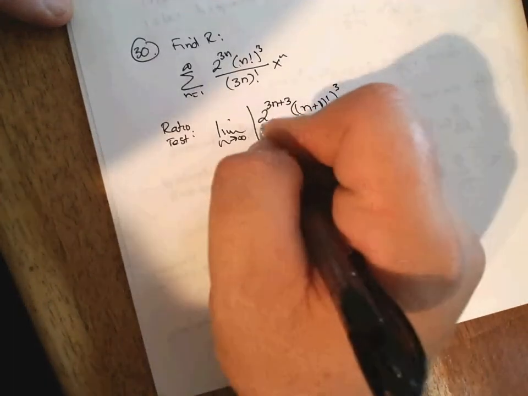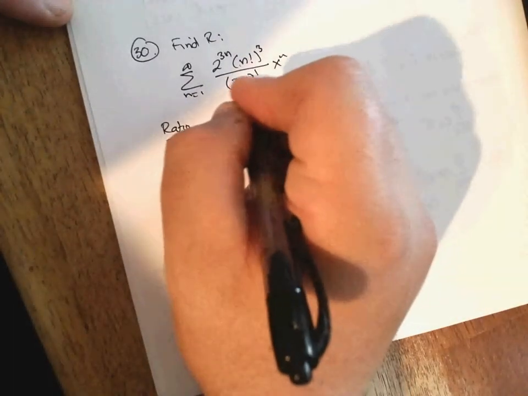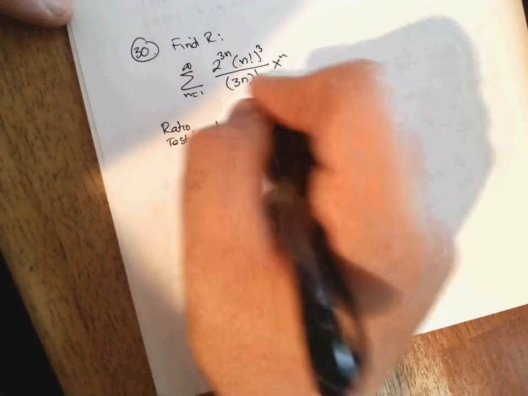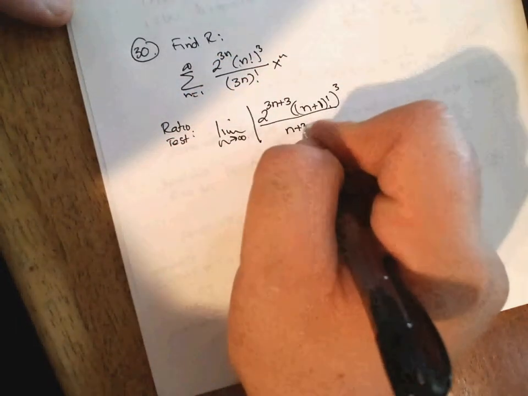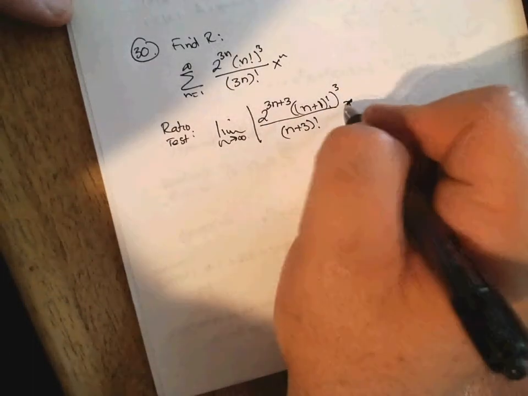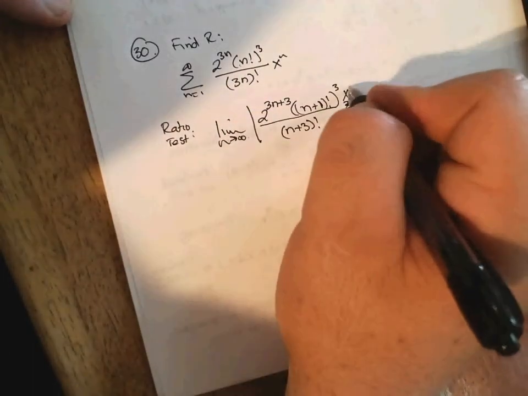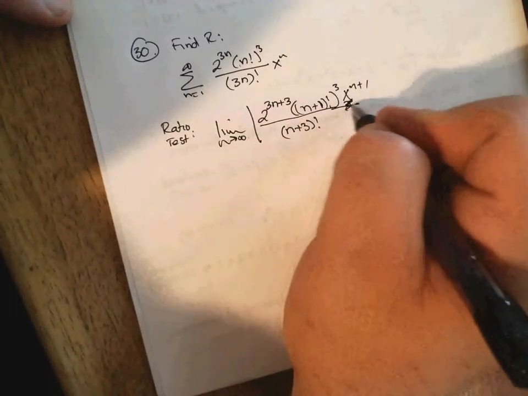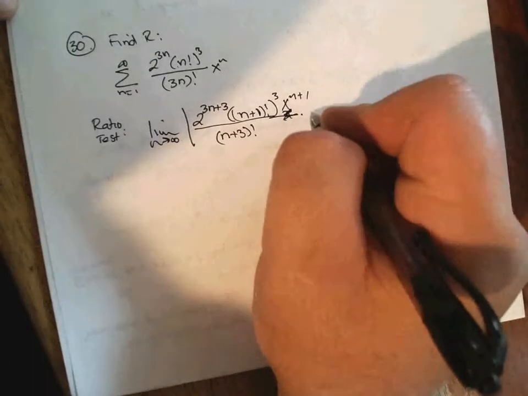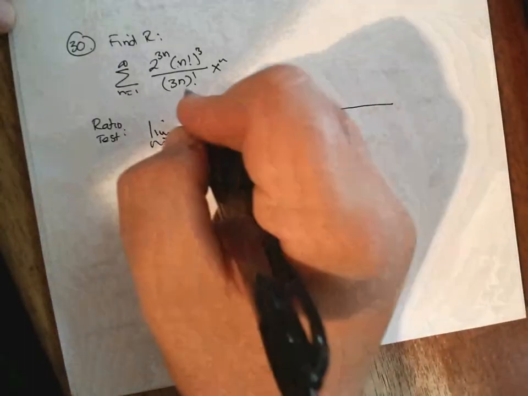When this n increases by 1, it's n plus 1 factorial, now to the third power. When this n increases by 1, just like up here, that's 3 times n plus 1, so 3n plus 3 factorial. Okay? And this x to the n, put it up in the numerator, increased by 1 is that.